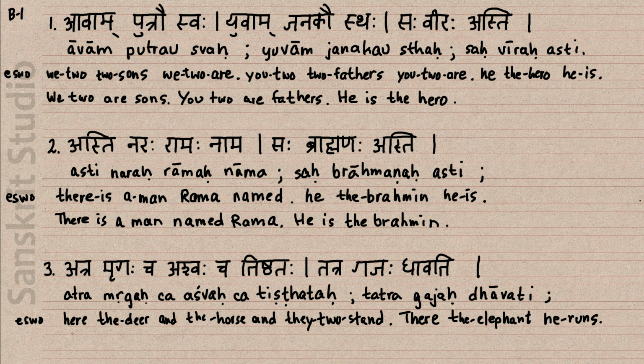Okay, so now we just do the English here with a better word order and such. Here the deer and the horse stand. So we did two things here. This of course is syntax 2 for the and.